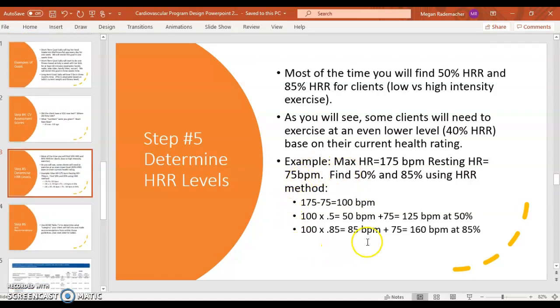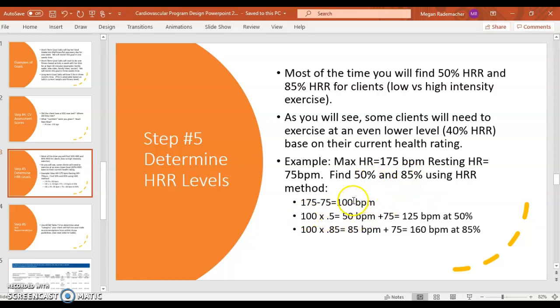And then here is an example of how to determine heart rate reserve. So if we had a client that had a max heart rate of 175 beats per minute and their resting heart rate was 75, we would take 175, subtract 75, and get 100 beats per minute as their heart rate reserve. Then we want to find 50% and 85% of their heart rate reserve.